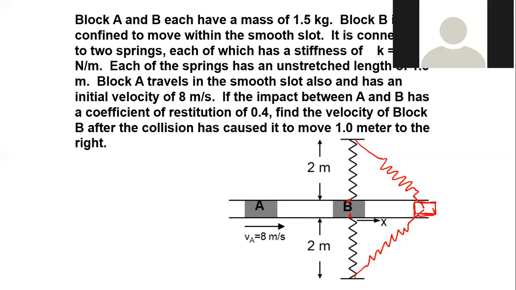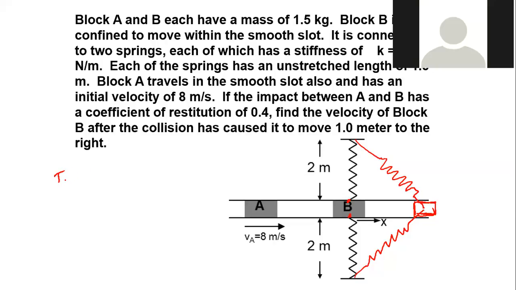Okay, so then you would set up the work energy equation with the right half being 1/2 kx squared plus 1/2 mv squared. And I think it's even stretched originally, right? Because it is a stretched length. So you know how I like to do it, right?